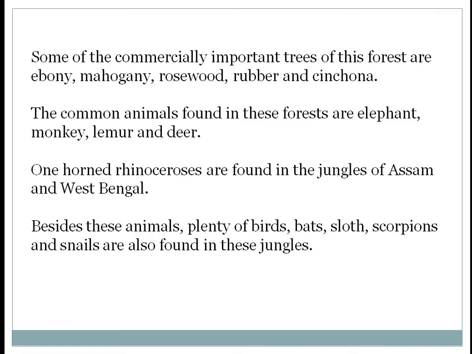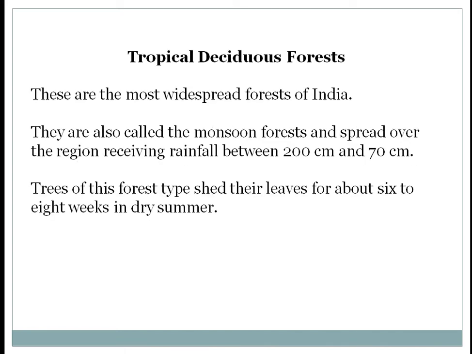Next, some of the commercially important trees of this forest are ebony, mahogany, rosewood, rubber and cinchona. So in MCQs, a question can be asked on this topic, right? Or write the names of two trees of tropical evergreen forest. So you have to remember these names.